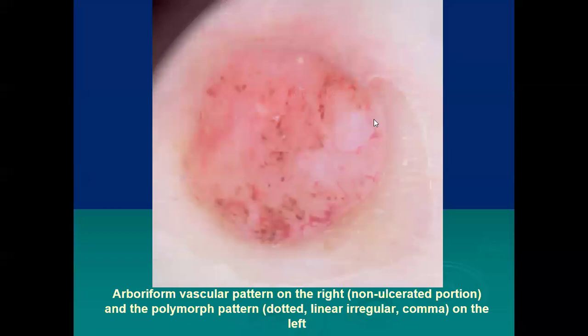An arboriform vascular pattern is seen here on the right side. This pattern is typical of non-ulcerated BCC, but where there is an ulcer, these arborizing vessels break down to dotted, linear, or comma-shaped vessels. So the vessels will be well formed in nodular basal cell carcinoma if there is no ulceration, and will be dotted or comma-shaped if there is ulceration.